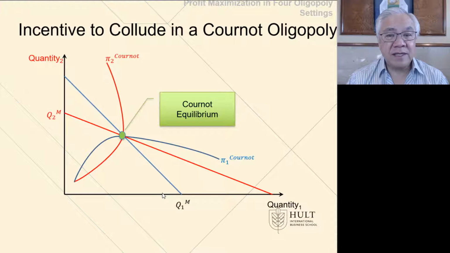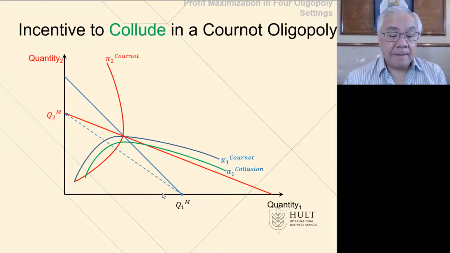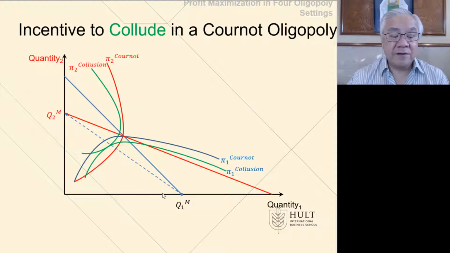Now, something very interesting can also happen. That's what we're going to look at as the incentive for collusion. So now you see that firm 1 could make more profit if there's a cut in production. But what happens to firm 2? Likewise, if there's a cut in production, they also will benefit.